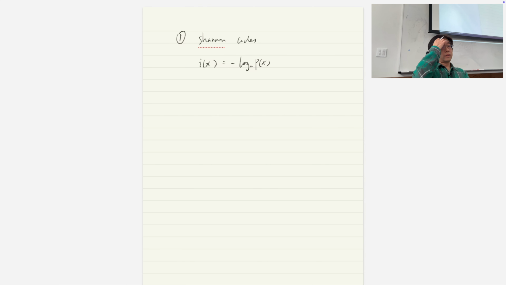This is probably the most straightforward code. The idea of the Shannon code comes from the Kraft inequality, as we just saw. The idea is that we know the self-information, let's use a small x here, equals this. This is self-information.